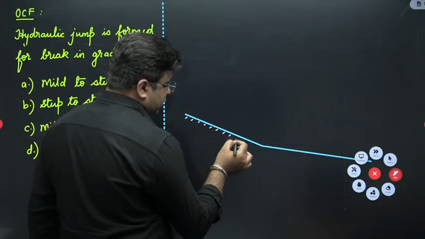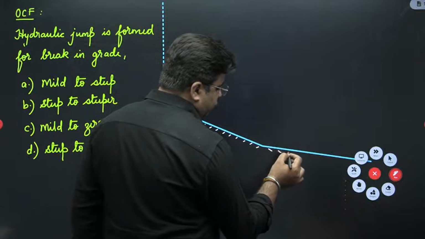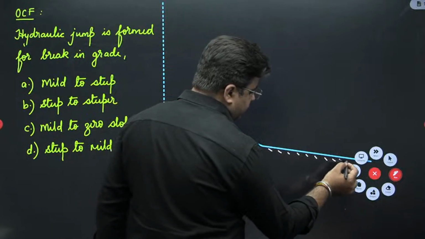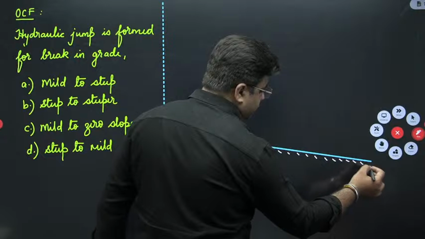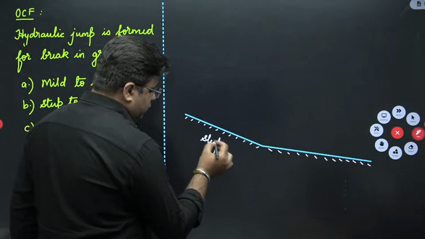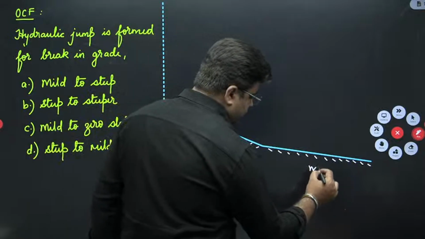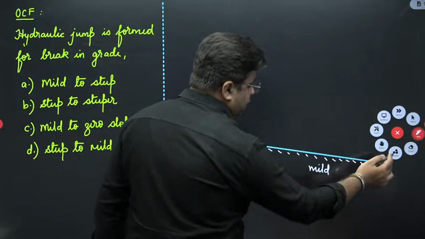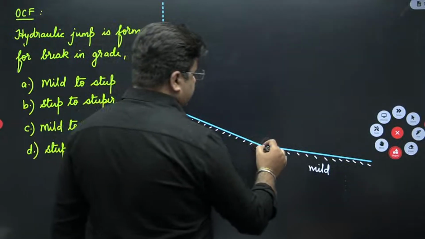This is steep slope, from steep to mild. We see the hydraulic jump like this.